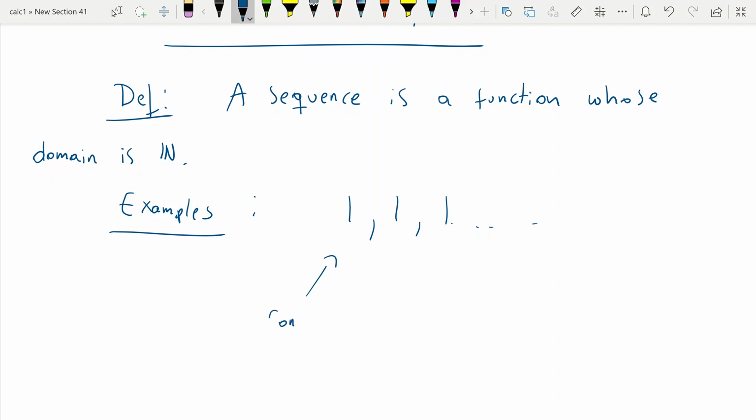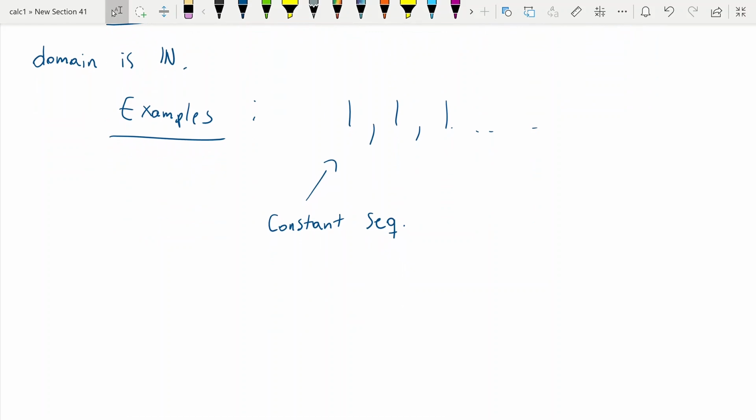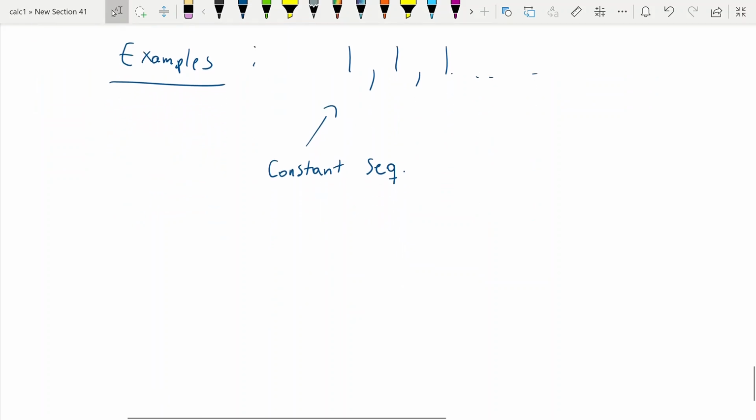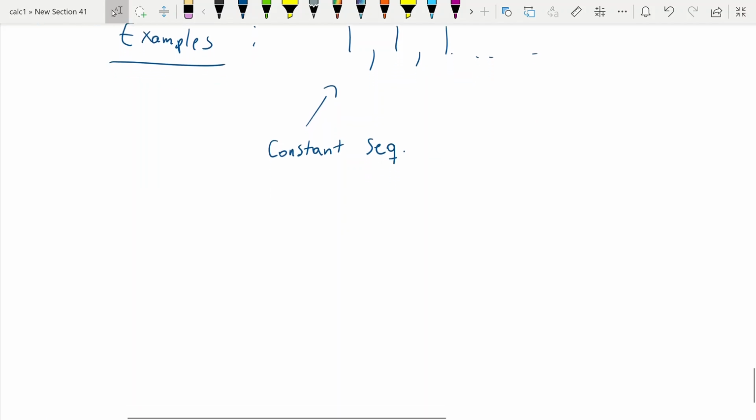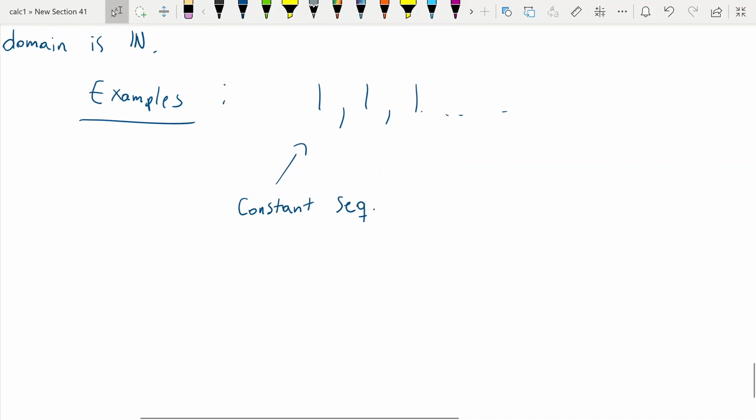Just like you have constant functions in R, you have a constant sequence. Remember that sequences are functions. The only thing special about a sequence is they are functions from N to some other set. So it's a constant sequence. This is example 1.